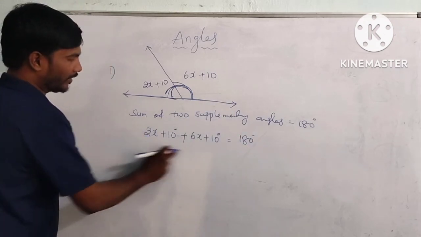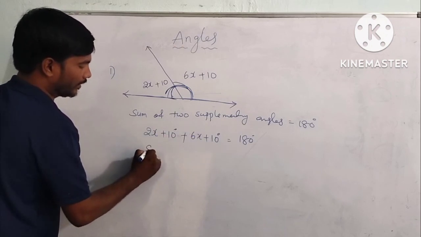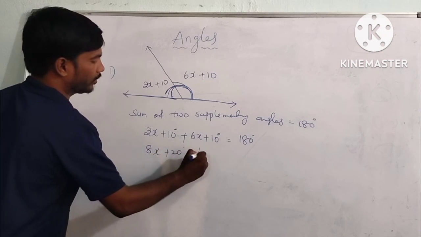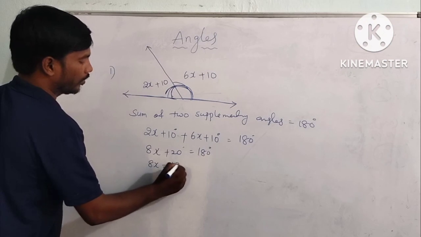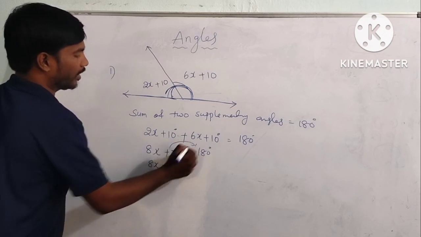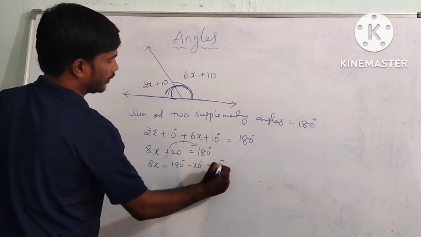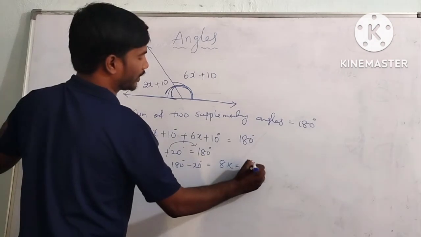Just add the variable terms and constant terms. 2x plus 6x, 8x. 10 plus 10, 20 degrees, is equal to 180 degrees. So 8x is equal to 180. This plus 20 will become minus 20 when you transpose to the other side. 8x is equal to 180 minus 20, 160.